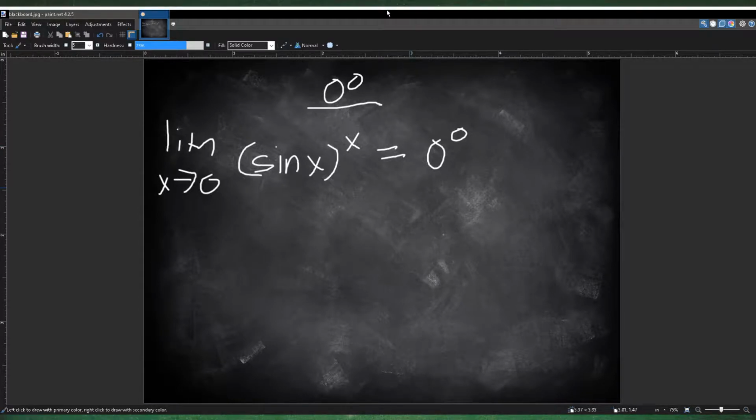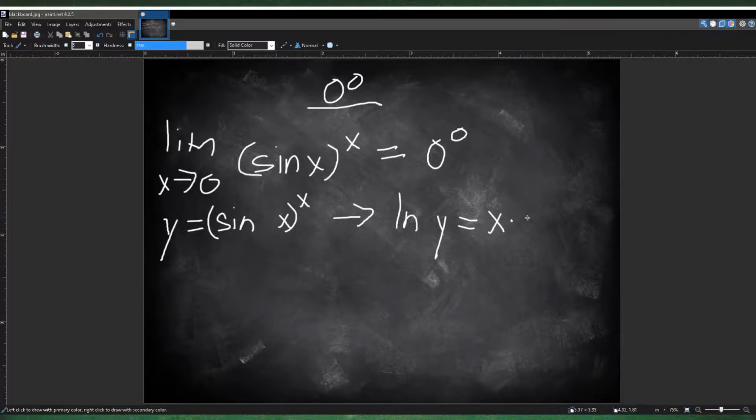So all we have to do is what we did generally a few seconds ago. We just say y is equal to sine of x to the power of x. That means ln of y is equal to x times ln of sine of x. So now we just need to use L'Hopital's rule.